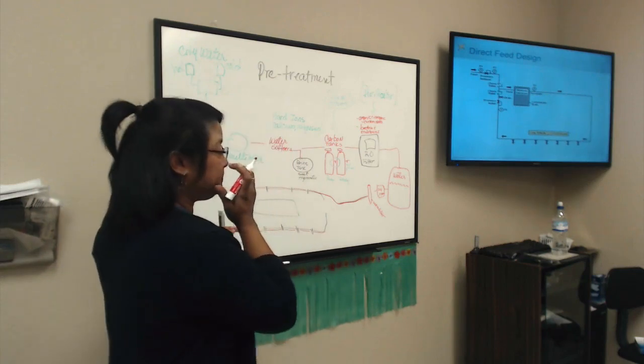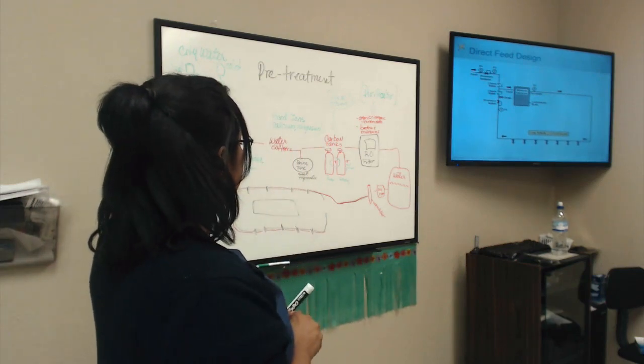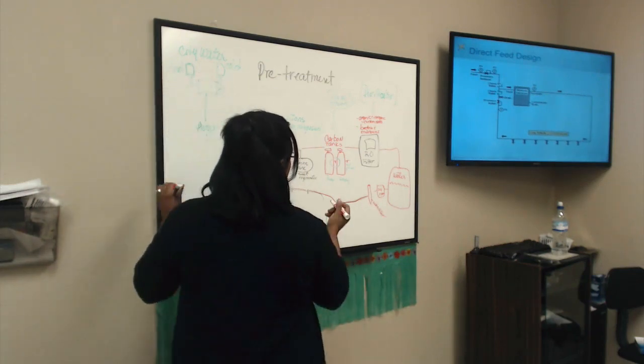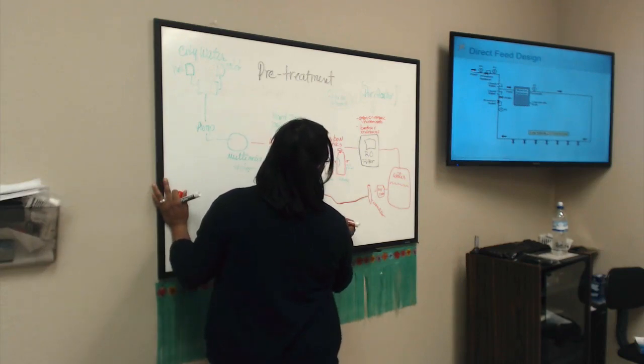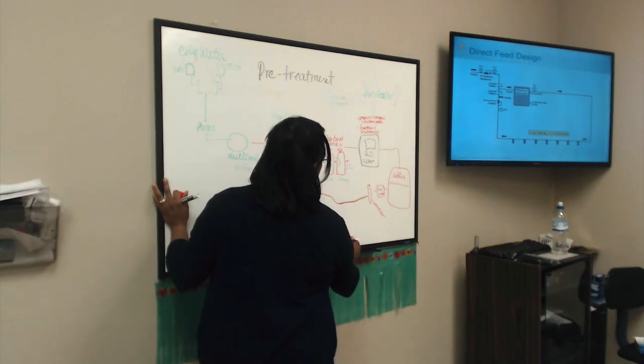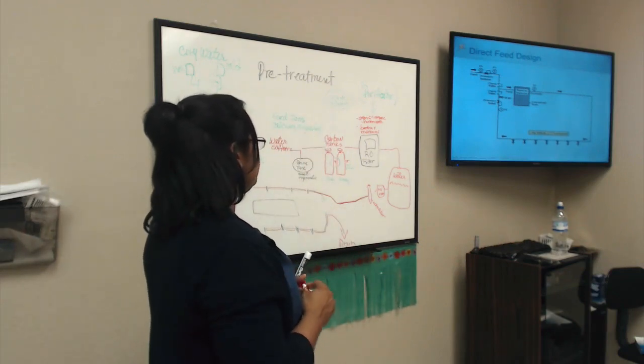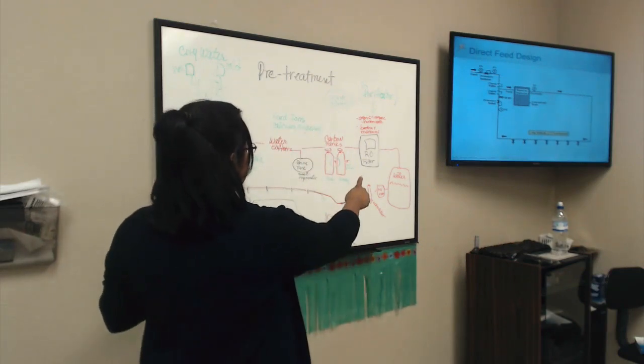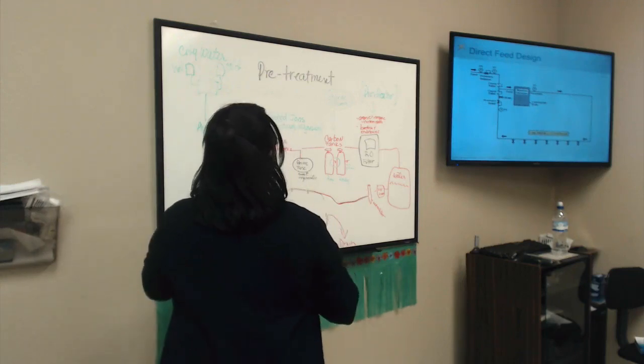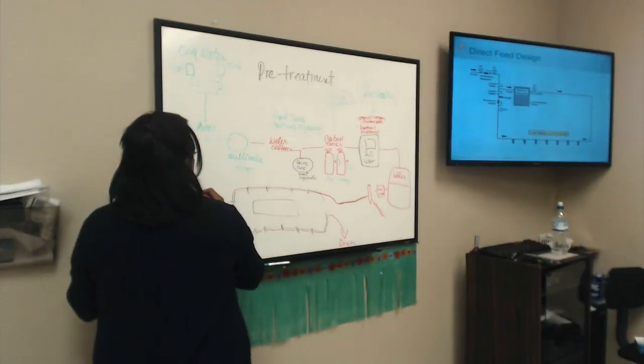Okay? And then usually there is somewhere that whatever is not used, it goes down the drain. And this here is the distribution loop.